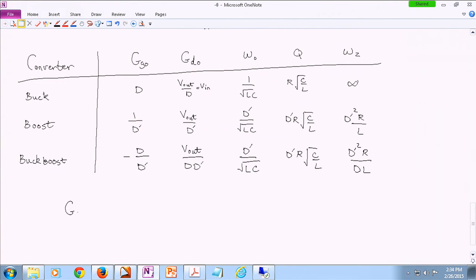in the more general form, or canonical form, the control to output transfer function might have a zero.